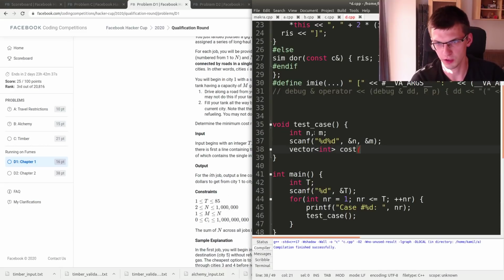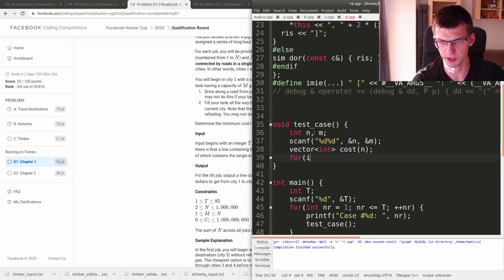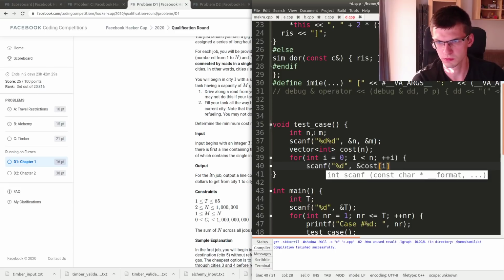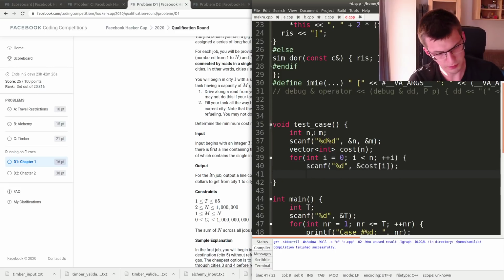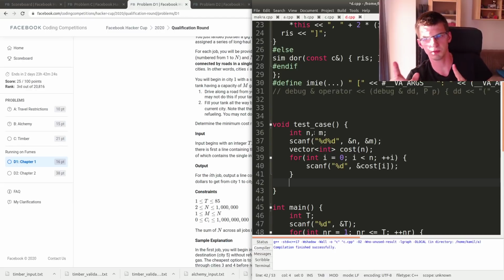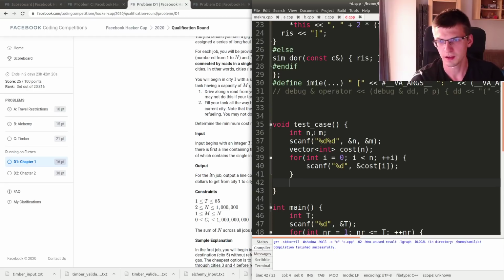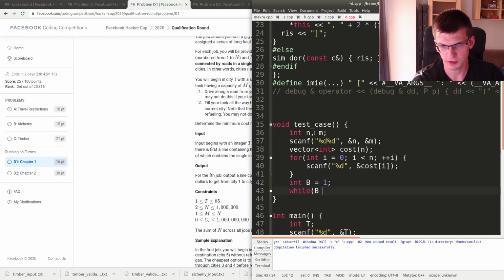Cost of n. I will number them from 0 to n minus 1 for my convenience. And at every point I need the minimum of previous m things, and I will do that with a segment tree, even though it can be done linear.